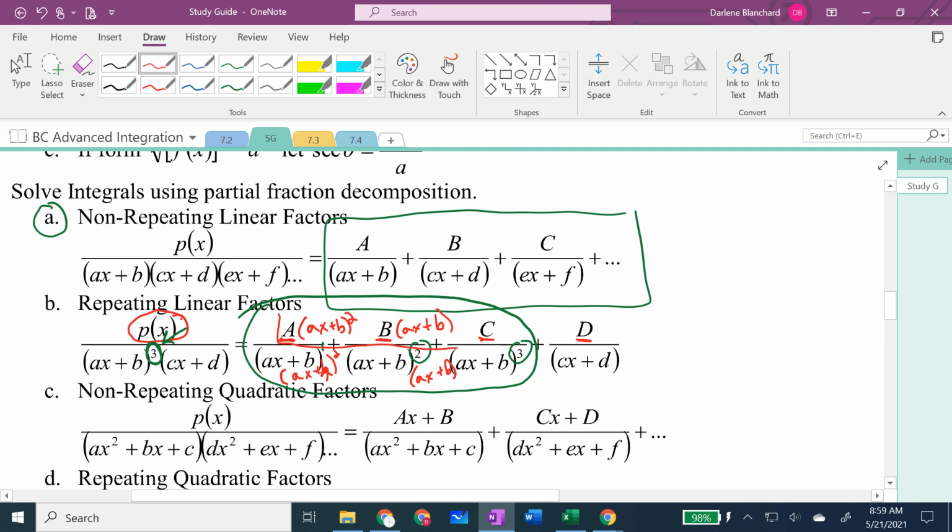It creates a polynomial that is a maximum of 1 degree less than the denominator. And that's what makes this an okay method.